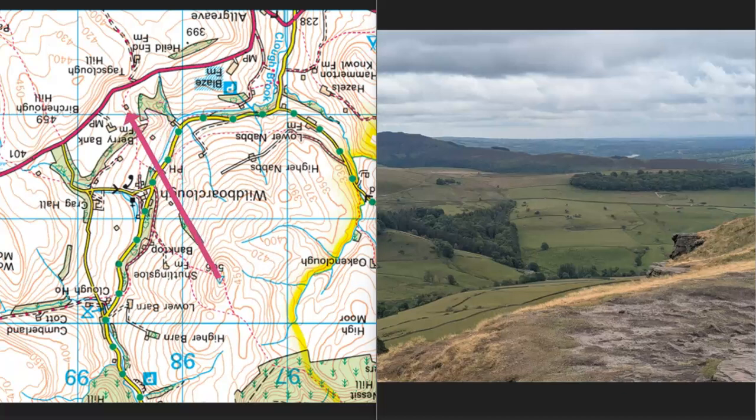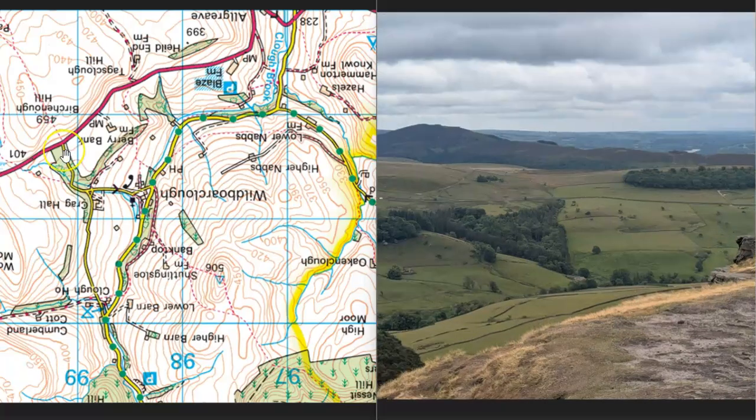So that doesn't work. And also think about how close this hill, or even that part of the hill, is to the road. It's only about 300 meters away, not much more distance away than that block of trees. But if we look on the photograph, it's much further away.